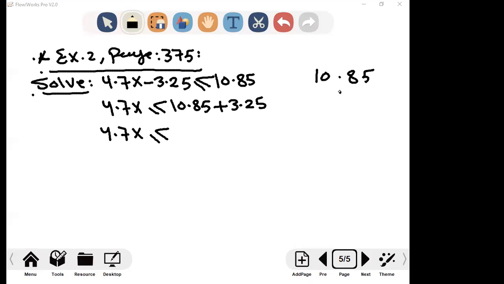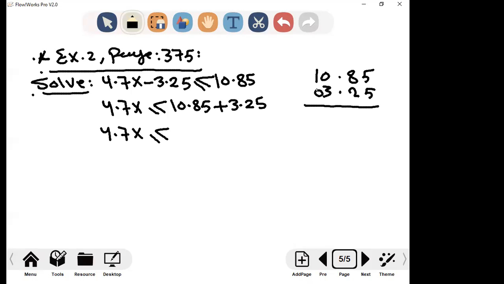Some of you put the 3 under 1, which is incorrect. It is wrong. So 3 under 0 and the 25 under 85 normally.